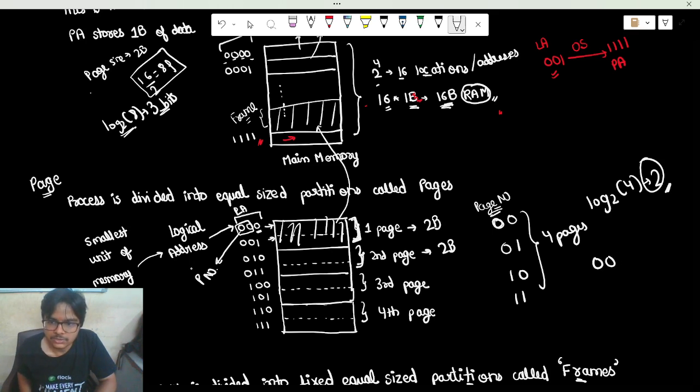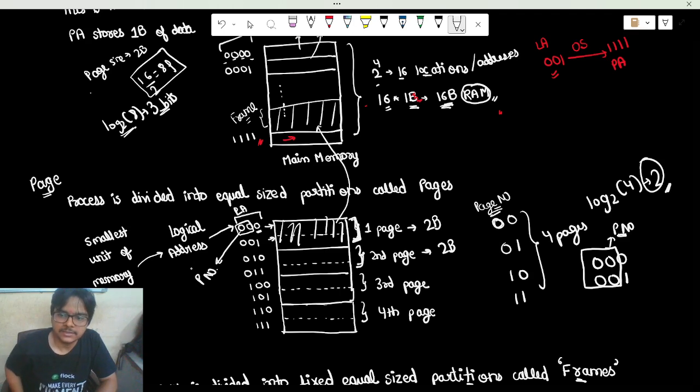Now these two bits have been used to identify page number. To get the exact address, you would need one more bit, and it will be either 0 or 1. So from the page number you will get a set of addresses, all the addresses you have in your page.